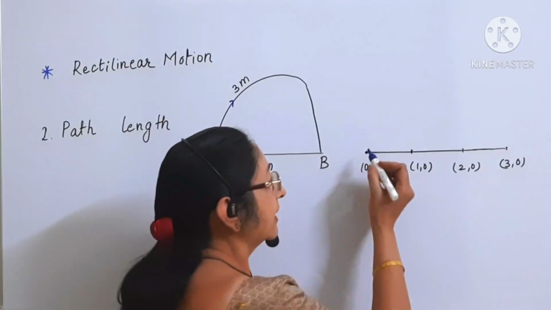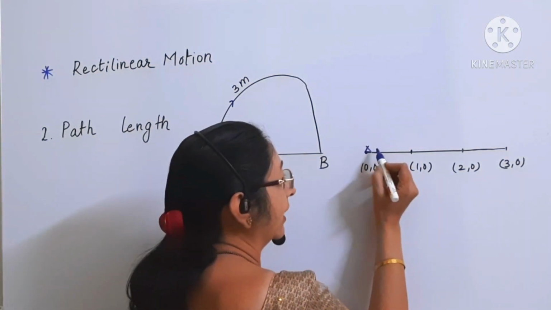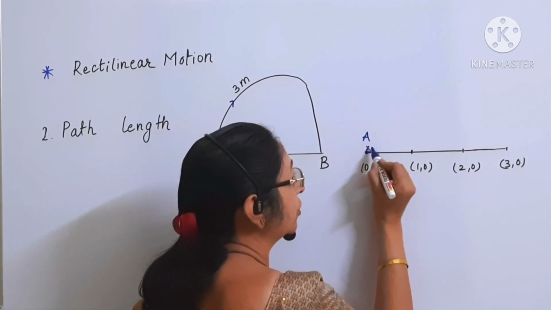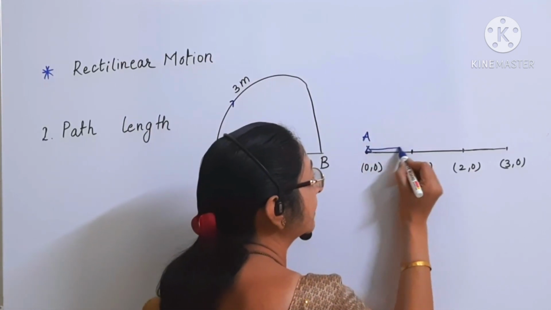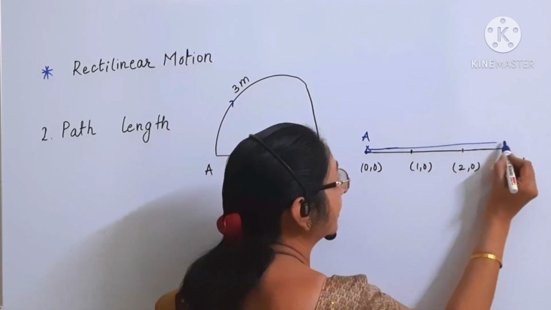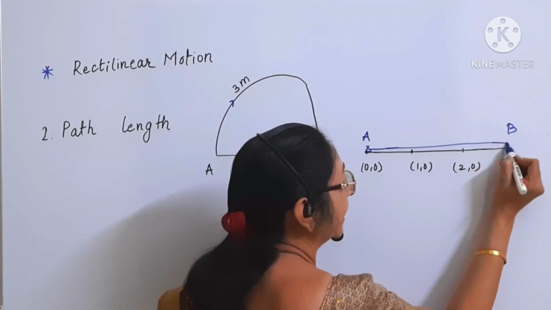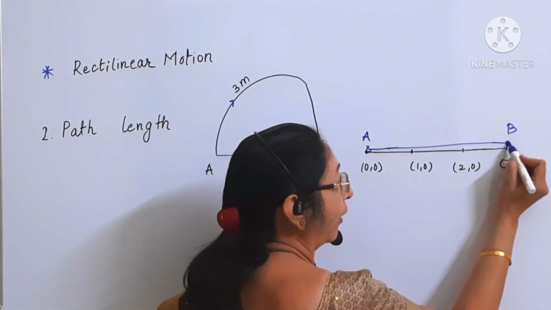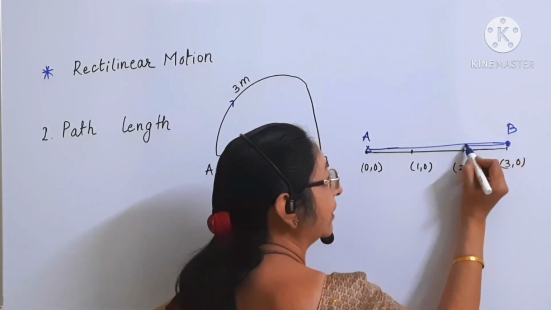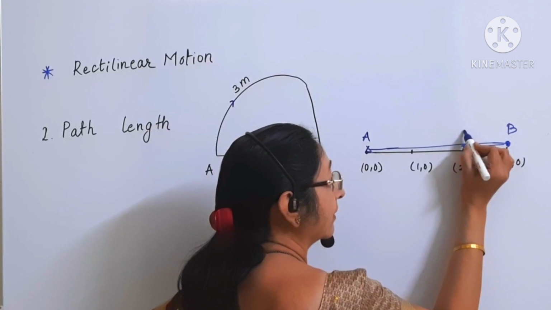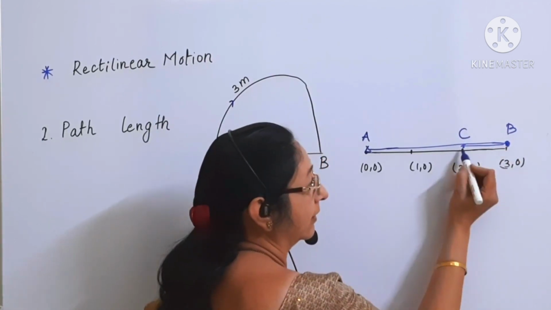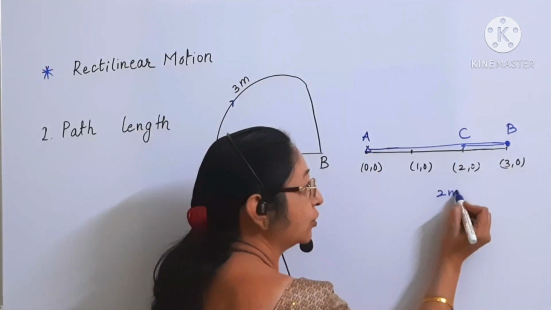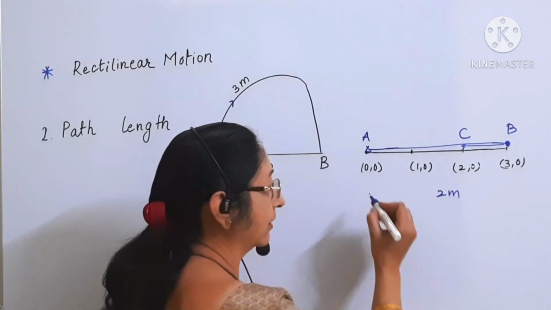Similarly here, supposing this is an object here, it moves from this point A to this point B. So it has travelled up till the point B. Now, from point B, it has again come to point C, which is, supposing this is in meter, at 2 meters from the origin, 0, 0.